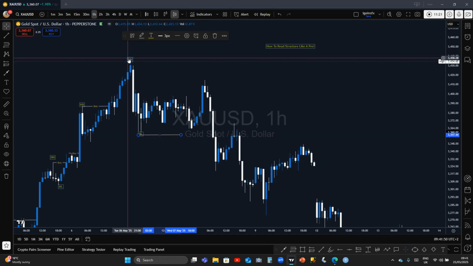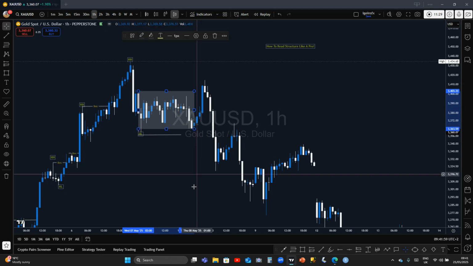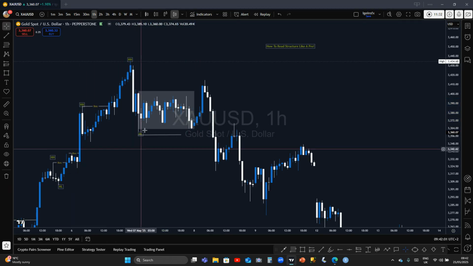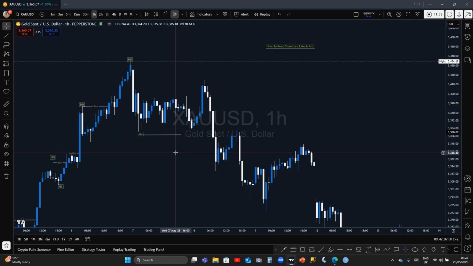Then this is a higher high. Then price now started what we call consolidation here. After this consolidation, when price starts doing this, you don't need to do anything. Then watch and see what it will do next.